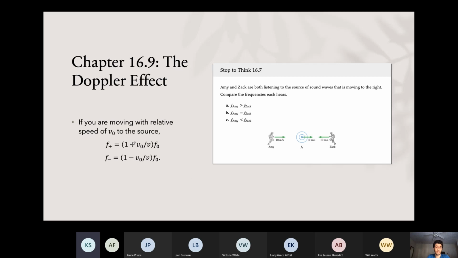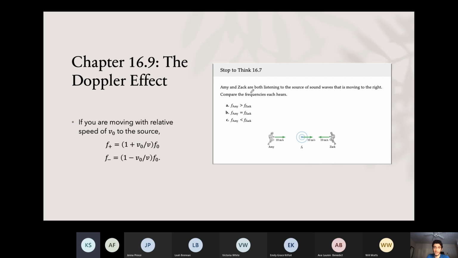So this is the new equation, where V naught is your speed relative to the source, and V is just the normal wave speed, and f is the frequency of the wave normally, of the source.